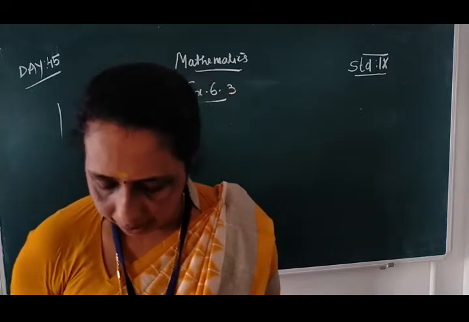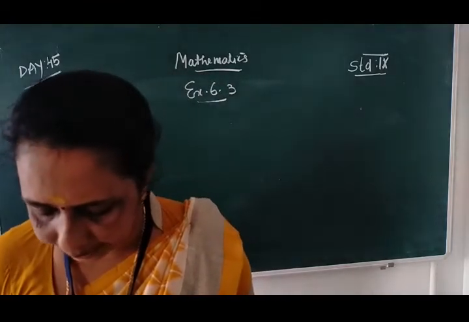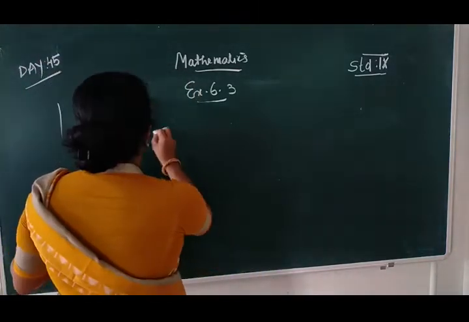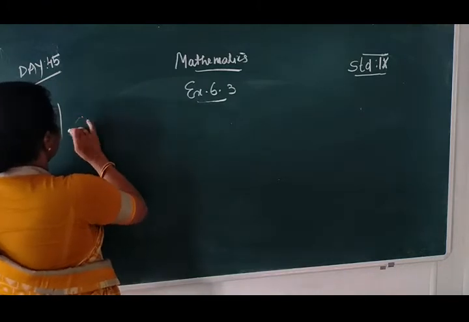Given angle X is equal to 62 degrees and angle XYZ is 54 degrees. Problem number 2.